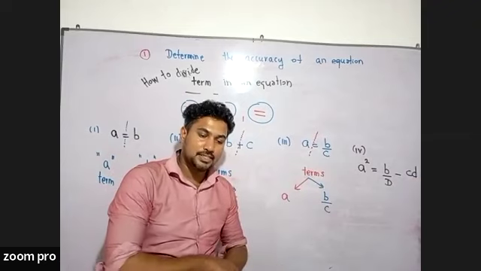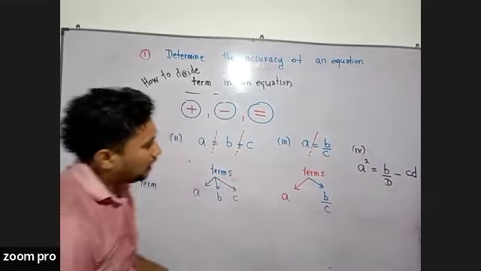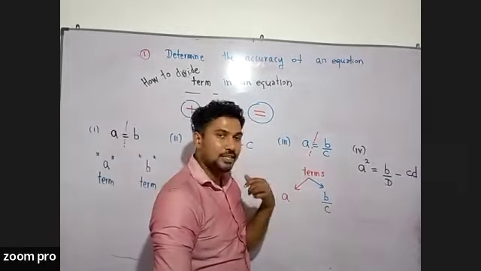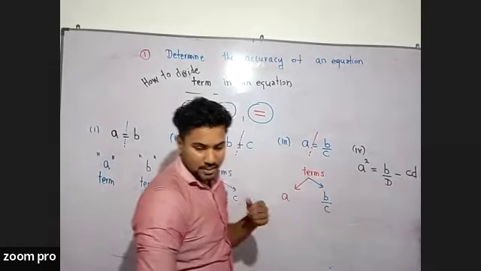So how to divide the terms in this equation? How many terms are in this equation?